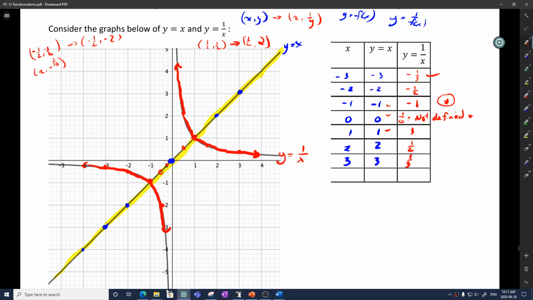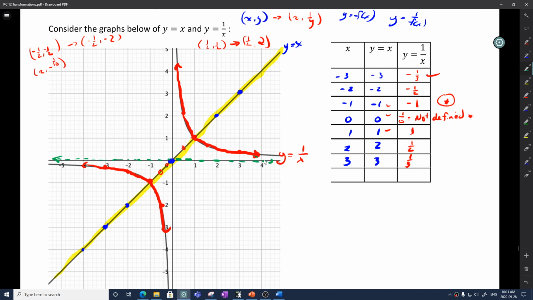Now, very simply, or not so simply, I'm going to denote two very important lines. This line right here. Now, if you notice, as my graph went to the left and went to the right, the y values of my graph got closer and closer to this green line.